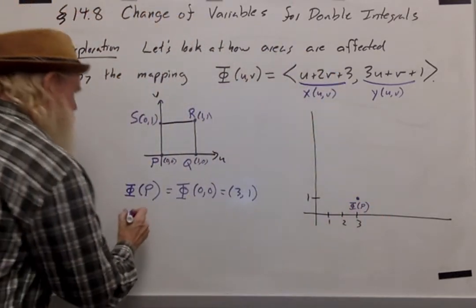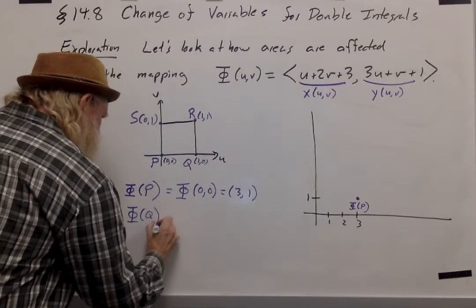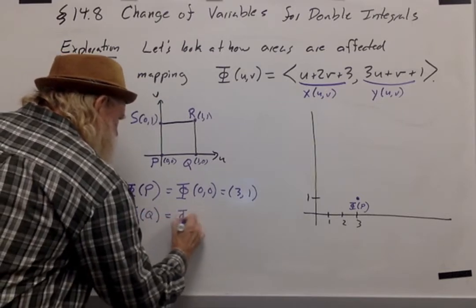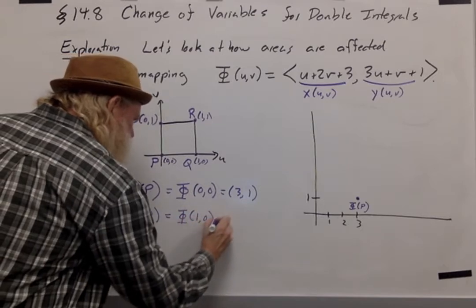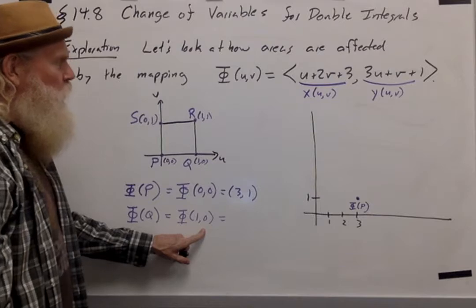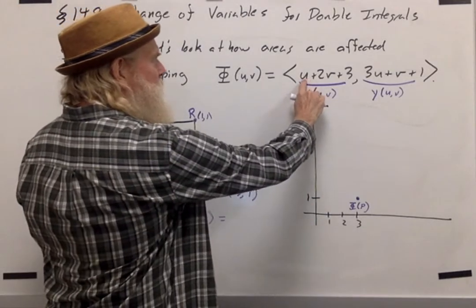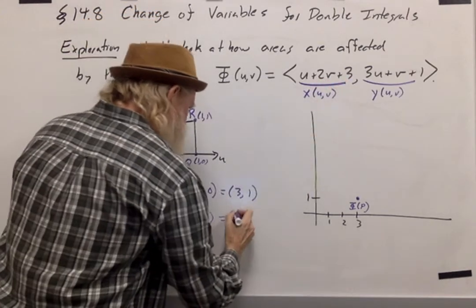Next, let's do the same thing for Q. That's phi of 1, 0. So I'm going to take this formula and substitute u equals 1 and v equals 0. So in the first component, that's 1 plus 0 plus 3, which is 4.